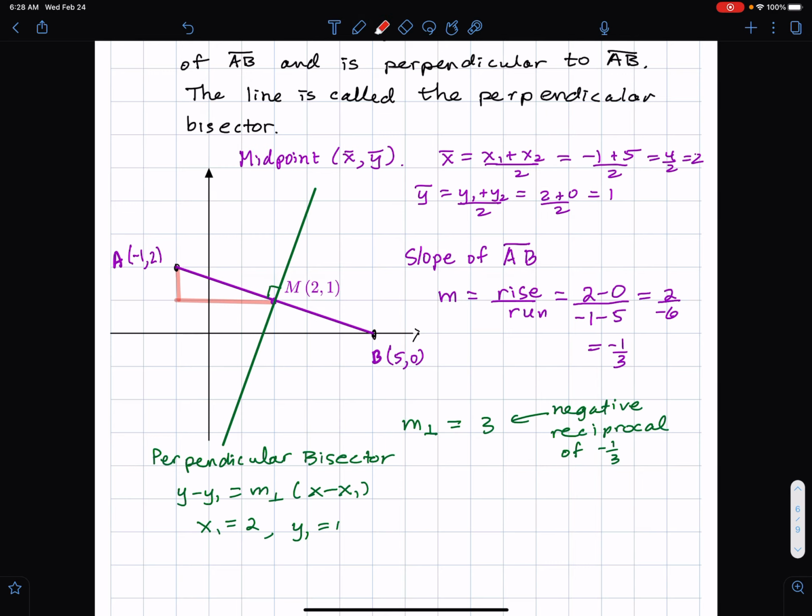Where are these numbers coming from? Those are from the midpoint of AB. And then m perp is 3.